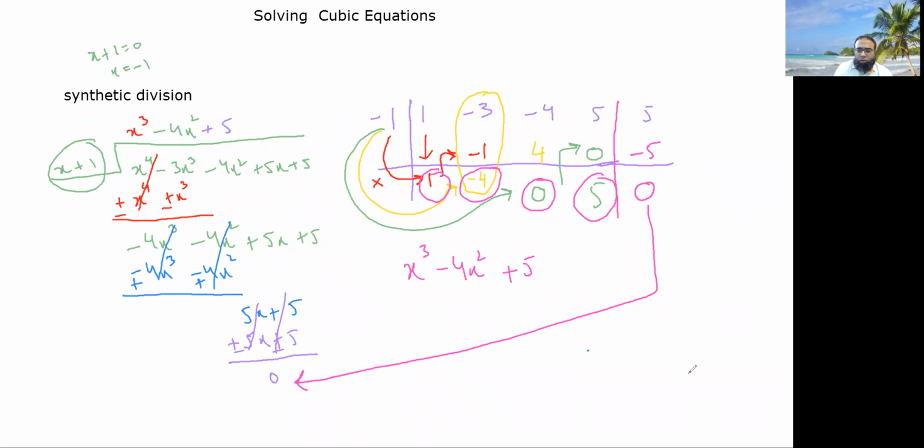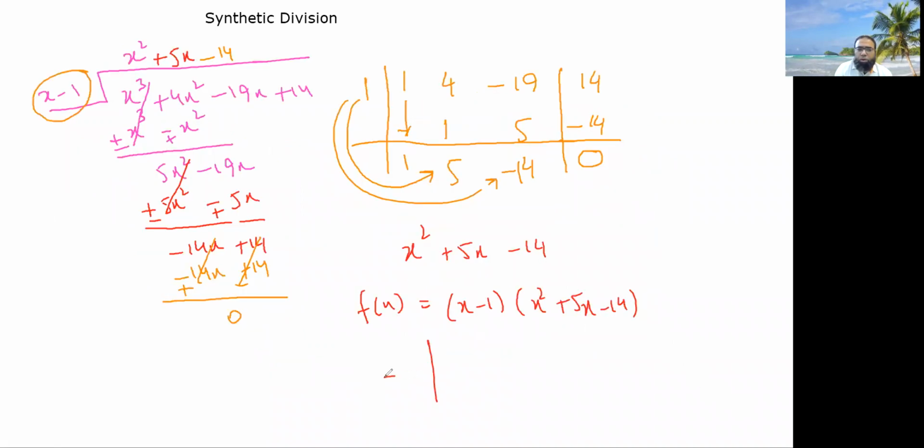Now suppose you're performing a synthetic division and you get 1 here, 0 here, minus 4 here, and then a 0 here. That means the quadratic expression that you're getting is x squared minus 4. That means there is no term in x over here. Okay?